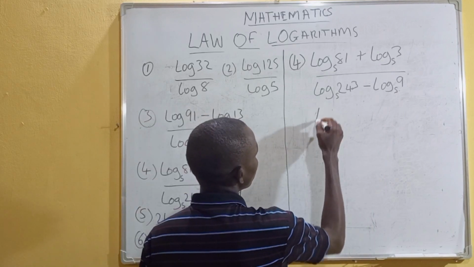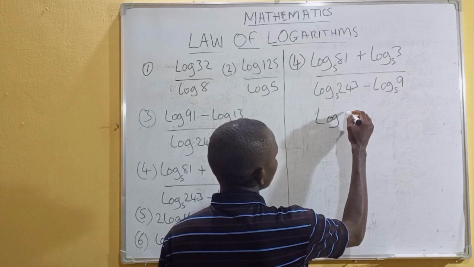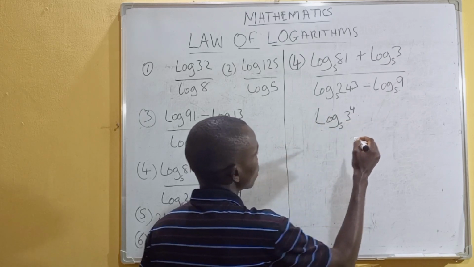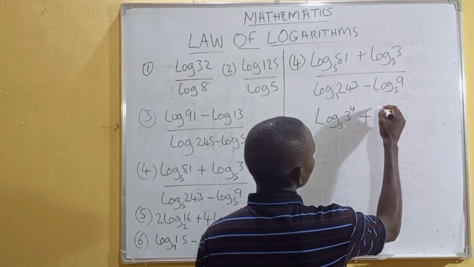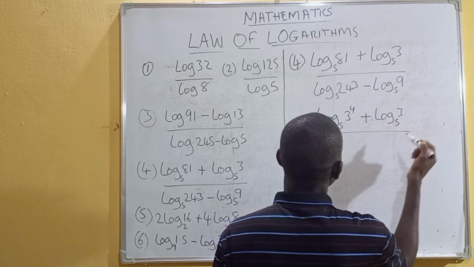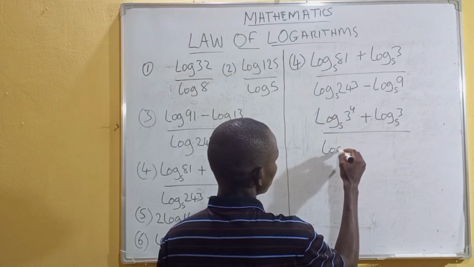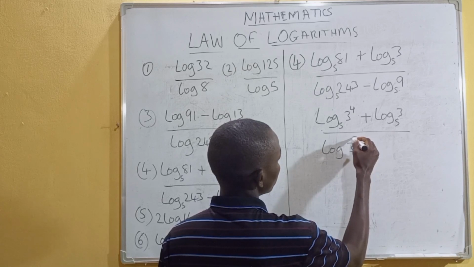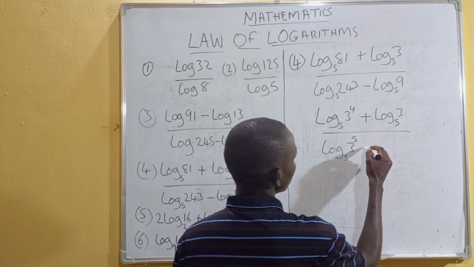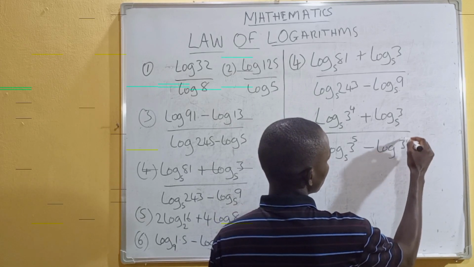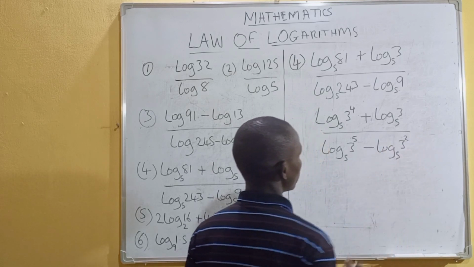And then now we have log 3 raised to the power 4 with a base 5 plus log 3 with a base 5, all over log 3 raised to the power 5 with a base 5 minus log 3 raised to the power 2 with a base 5.